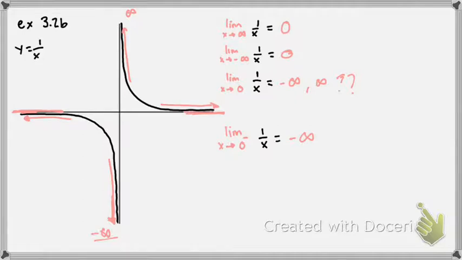And let's say the limit as x approaches 0 from the right of 1 over x, well, that's going to equal positive infinity, as we said earlier.